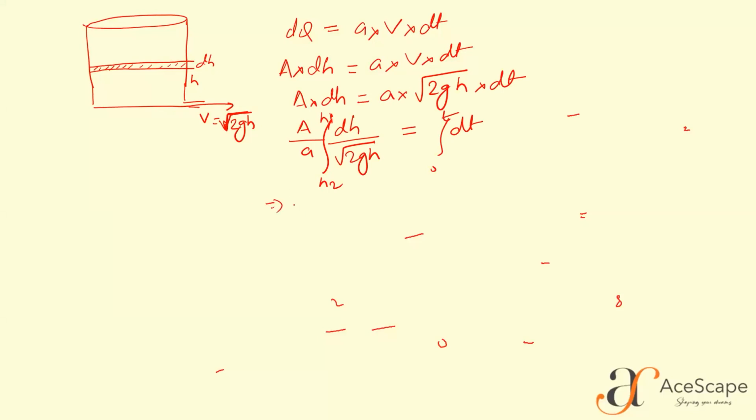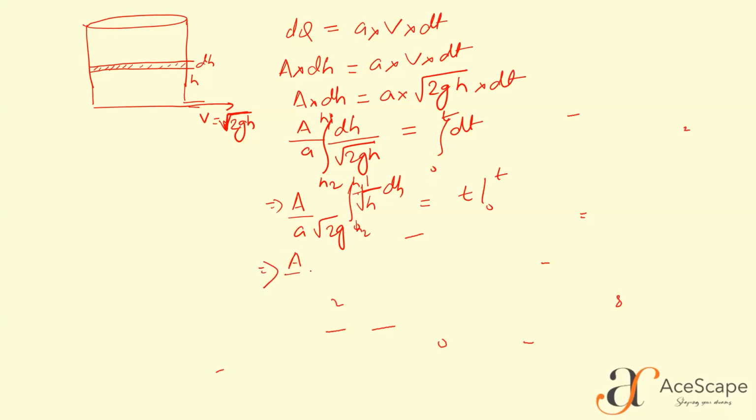So after integrating, what we are getting is that area by area, capital A by small a, into, here we are keeping the root g term. This is nothing but integration of 1 upon root h into dh, from h1 to h2, and integration of dt is nothing but t from 0 to t time.